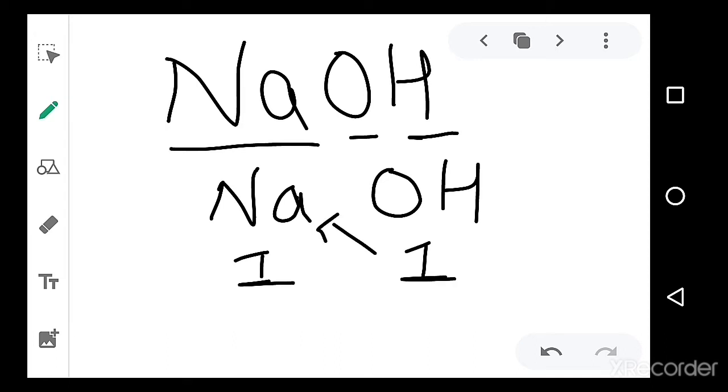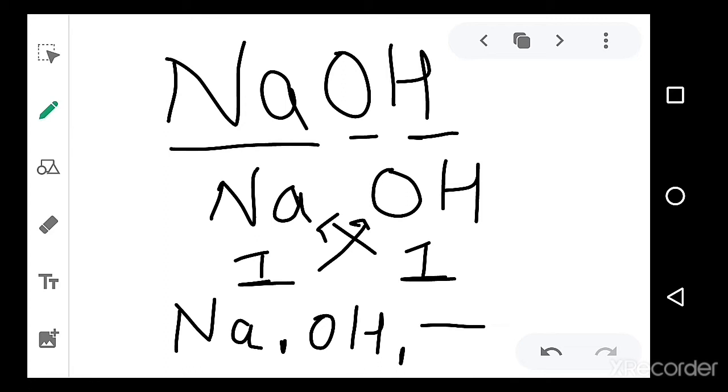Now just cross-link this valency. So the subscripts will be Na1 and OH1. So the formula, without writing the number 1 in a subscript, is NaOH. So this was about the atomicity of the compound.